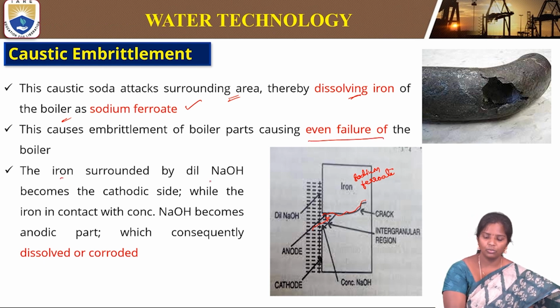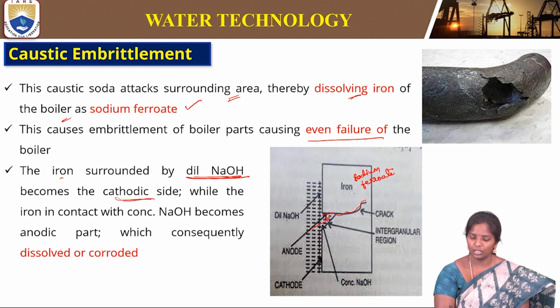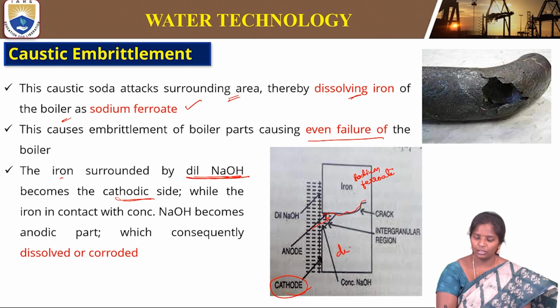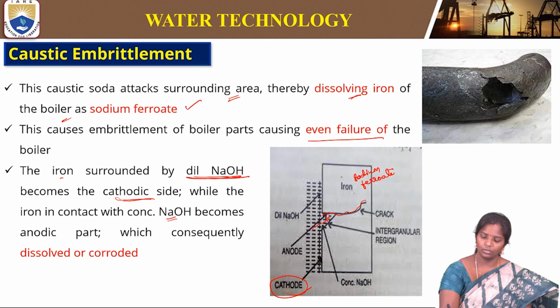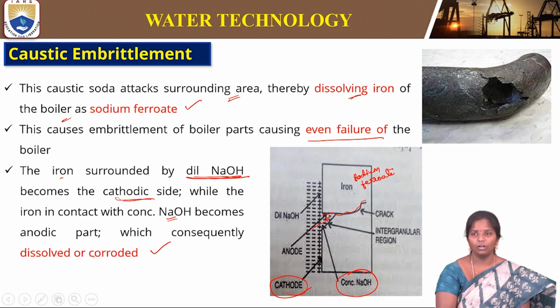The iron surrounded by dilute NaOH, or sodium hydroxide, becomes the cathodic site. So this is the cathodic site, which has dilute NaOH. While the iron in contact with concentrated NaOH forms the anodic part, which will be consequently dissolved or corroded.